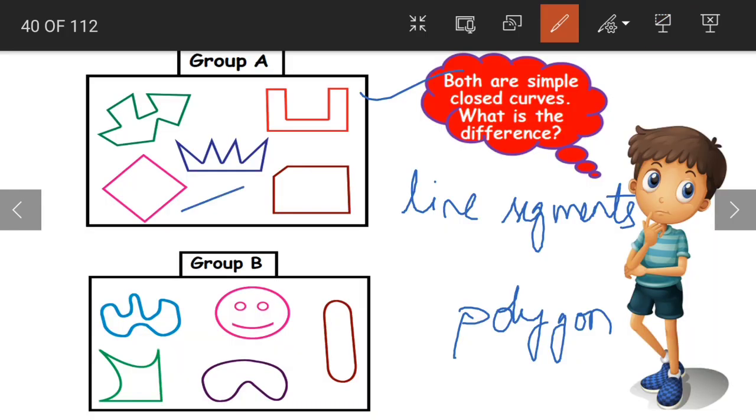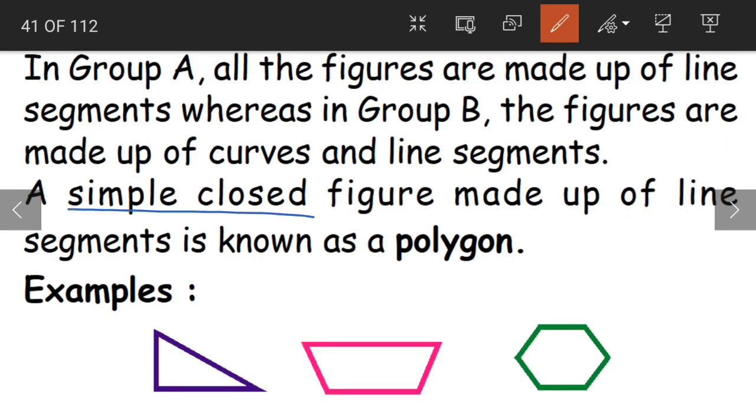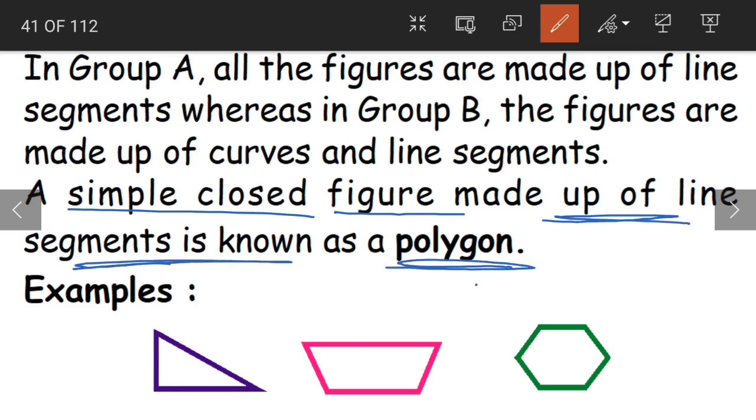It can have as many line segments as it can. There is no limit that the figure should have only 3 or 4 or 5 line segments. It can have any number of line segments, and such simple closed figures made up of line segments are known as polygons.